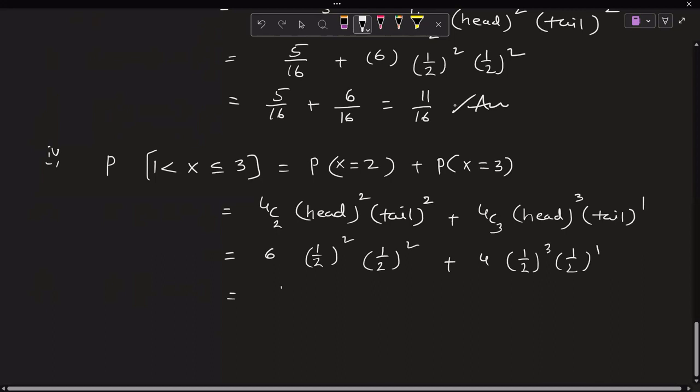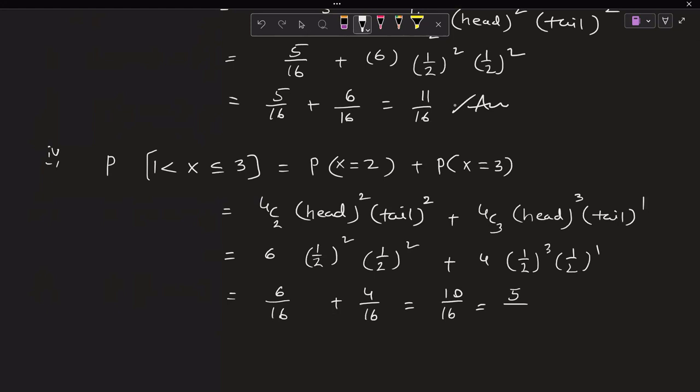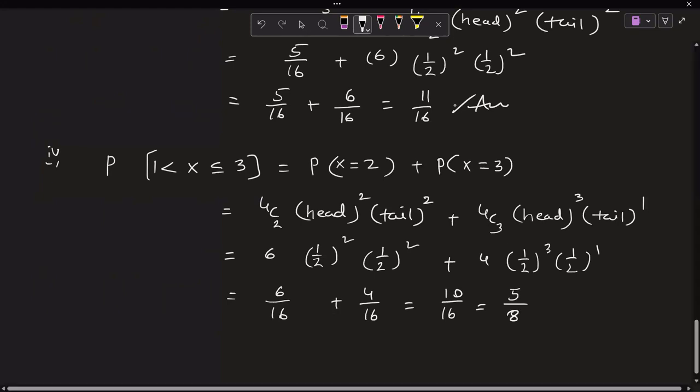So that is equal to 6 by 16 plus 4 out of 16, which is equal to 10 out of 16. 10 out of 16 means you can cancel 2 table, 5 out of 8. So this question was completed.